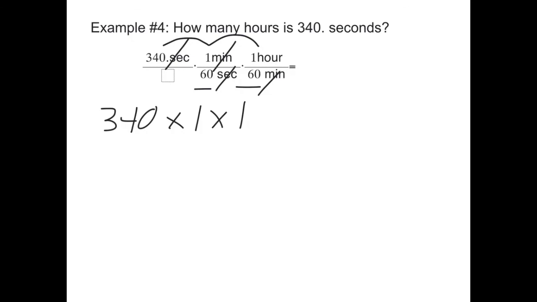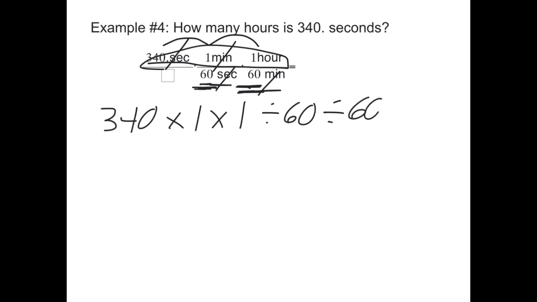The next move I make, if I'm not using parentheses in the calculator, is to divide by 60. That is this one. Then I need to divide by the next 60. What you don't want to do is times 60 at this point. It is not 60 times 60. You're dividing the top by the bottom. Since there's two things and they're both 60, I have to divide by 60 and then divide by 60 again.